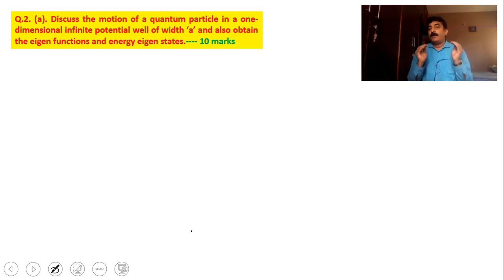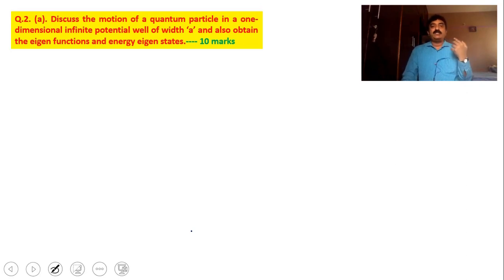Eigenfunction means a proper wave function. It should not be negative, it should be single valued, it should not be imaginary, it should be continuous, it should be finite. All these properties are there. Now do you know what a wave function is? It is nothing but the probability of finding the particle at a given place at a given time.